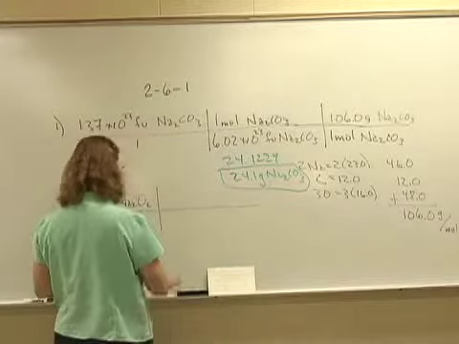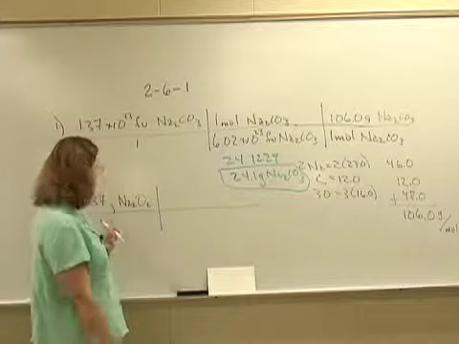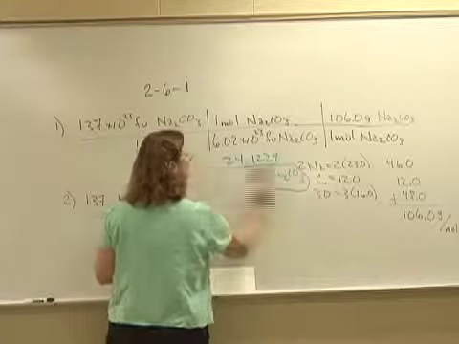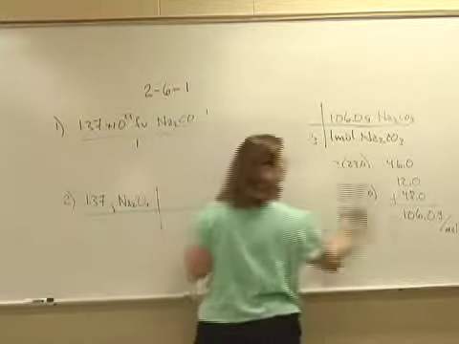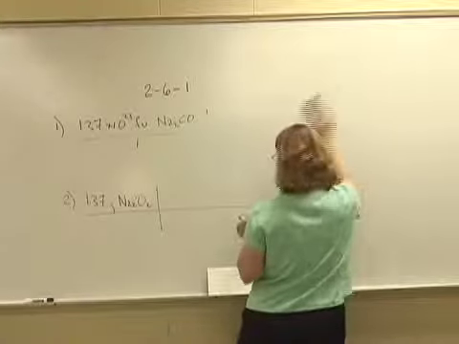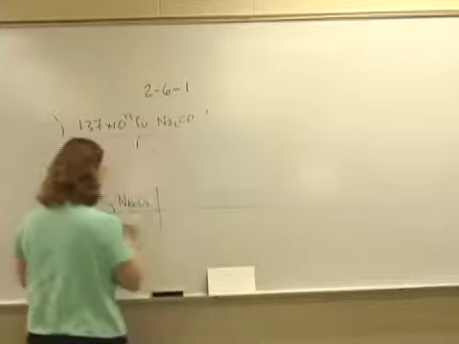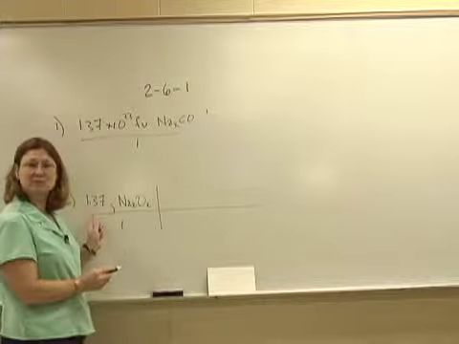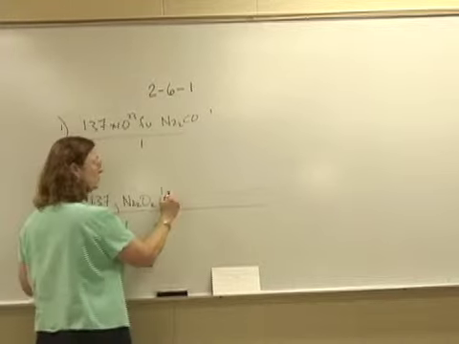In number 2, I'm beginning with grams of sodium peroxide. Now, this one has an extra step. I begin with my grams of sodium peroxide, and I change my grams to moles.